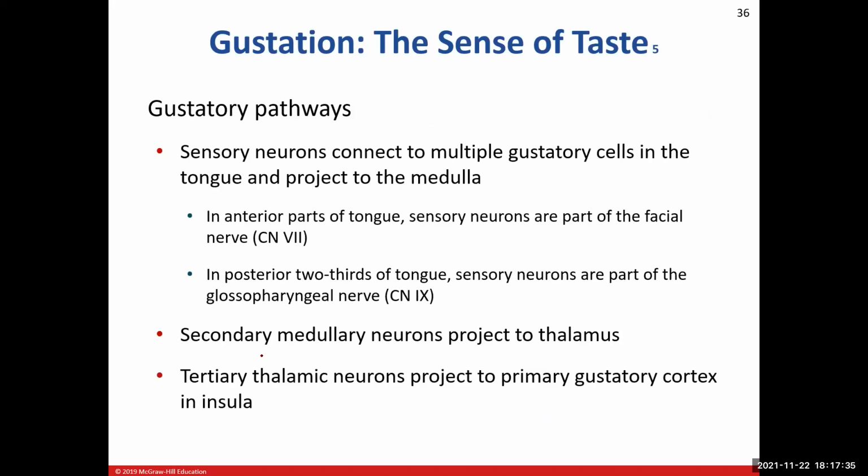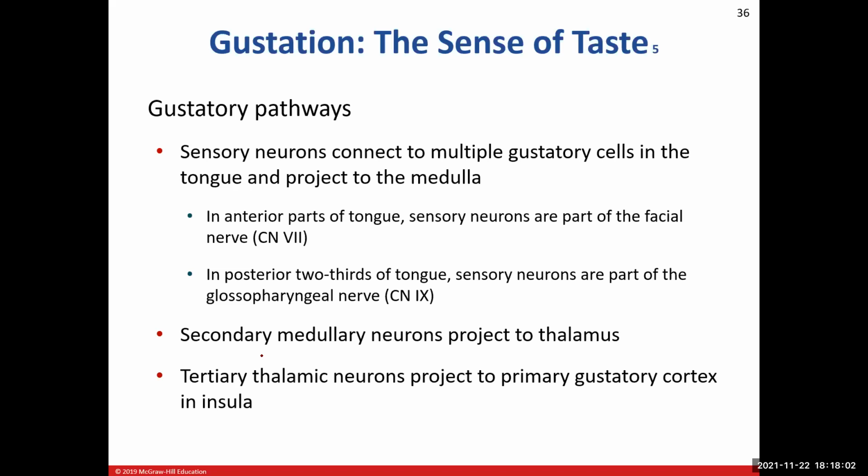All right, so how do we get our nerve signal to go from our tongue in our mouth back to our brain? As you recall, with the olfactory sense, we had a sensory neuron chain, with primary and secondary neurons. Well, same thing here. For our gustatory pathway, we are going to have a 3-neuron chain: a primary neuron, our secondary neuron, and our tertiary neuron.